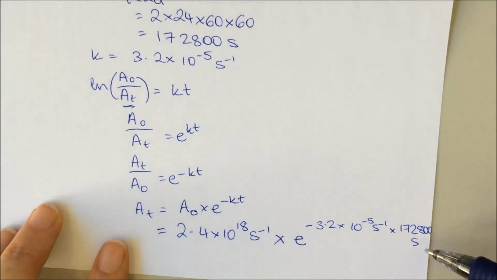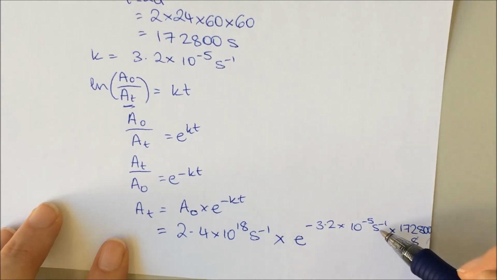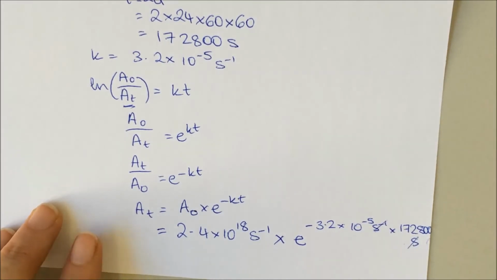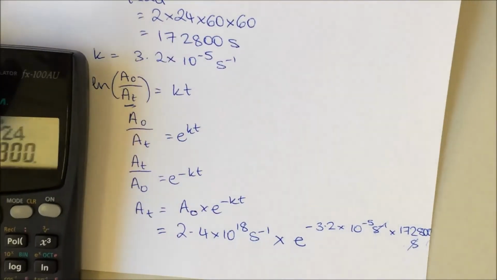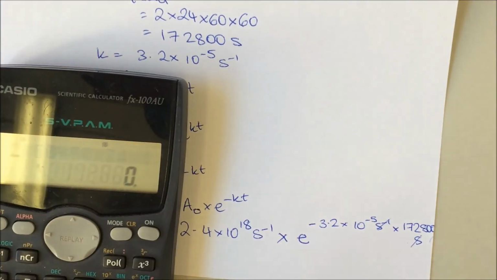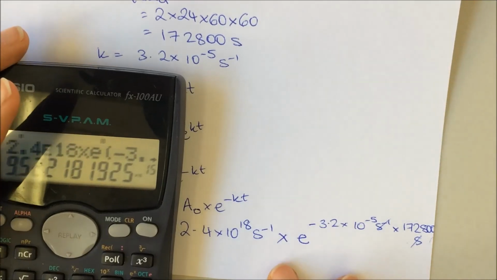And you can see it's important that we had our time in seconds so that our units in this part of the equation can cancel. We can put this into our calculator, and make sure that you're familiar with the operation of the buttons on your calculator relating to all of these questions. And that gives us this answer here.